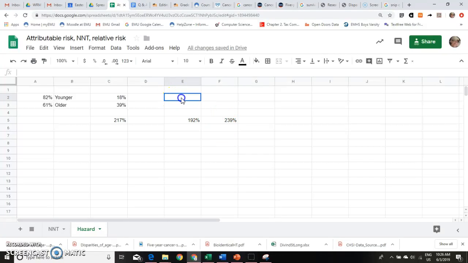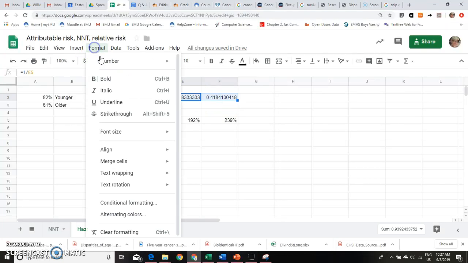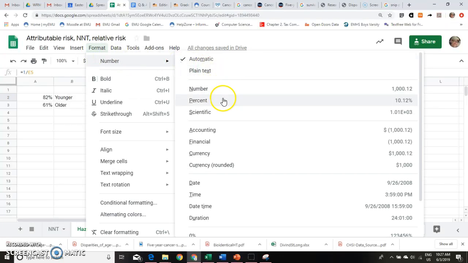So one thing we could do here is take the reciprocal, 1 divided by, make an equal sign there so it's a formula. We're seeing this reciprocal a lot because it's the way that you flip a percentage. I'm just going to change these real quick to percentages, then I'll interpret them.